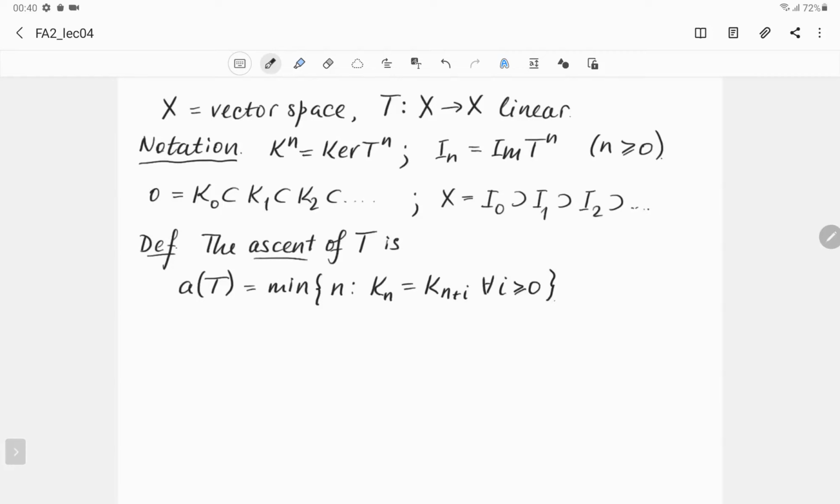And if there is no such n, if this chain doesn't stabilize, then we say that the ascent of T is infinite. In Russian, ascent is подъем.